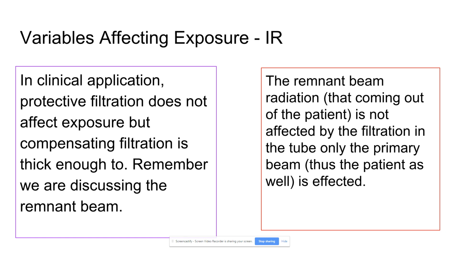When they use a full-length spine, like one big, long 3-foot cassette, there has to be a filter built either into the cassette or like a wedge that's placed on the end of the tube in order to reduce the radiation going to the top portion, the thinner part of the spine, versus the thicker part of the spine, which should get the thinner part of the wedge to allow more radiation through. I hope I said that all right because I don't want to edit this.